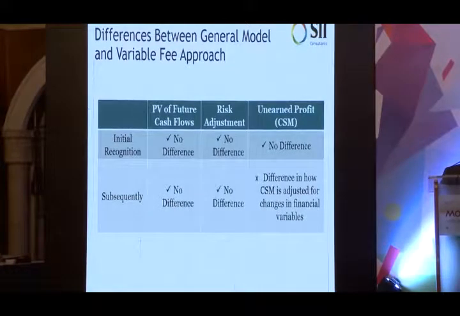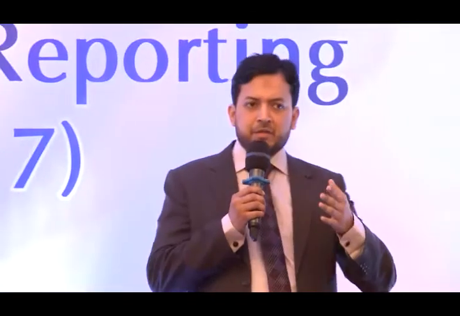In terms of difference, there is no difference in the estimation of future cash flows. There is no difference in initial recognition and subsequently. Risk adjustment will be measured exactly the same way. However, for the unearned profit, the contractual service margin, which as I mentioned earlier is your unearned remaining profit, which is initially recognized as a liability, initially there is no difference.